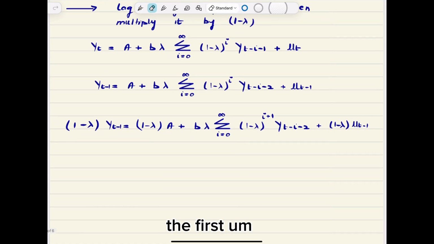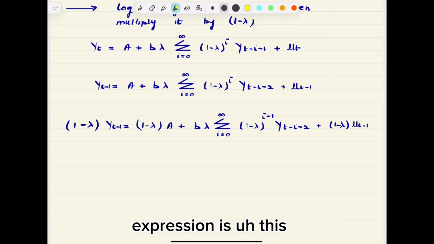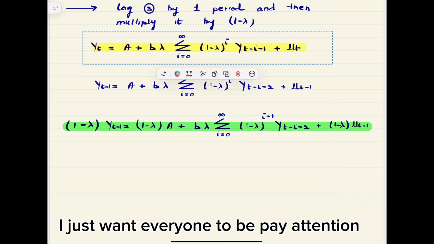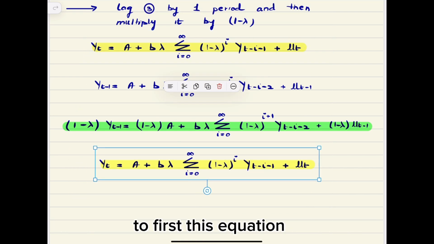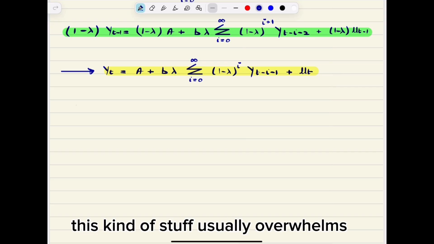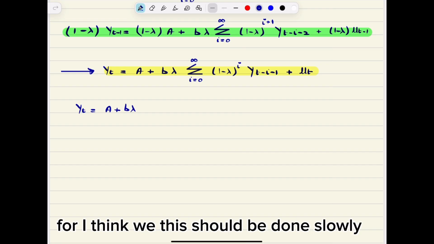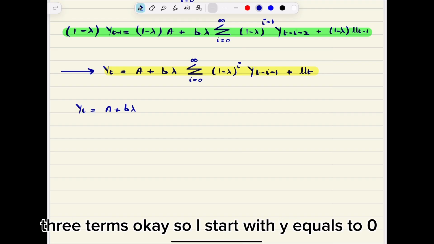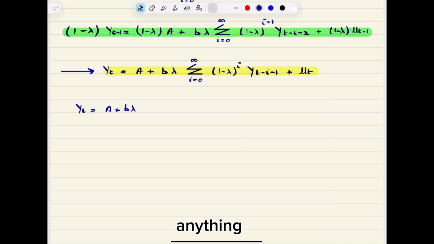Okay, so I have two very important expressions. The first expression is this, and the second important expression is this. I just want everyone to pay attention to first this equation and see that if I open it up, this kind of stuff usually overwhelms most students, so I think this should be done slowly. If I just put in a few terms, let's just put 3 terms. So I start with i equals 0. Anything to the power 0 is equal to 1, right?